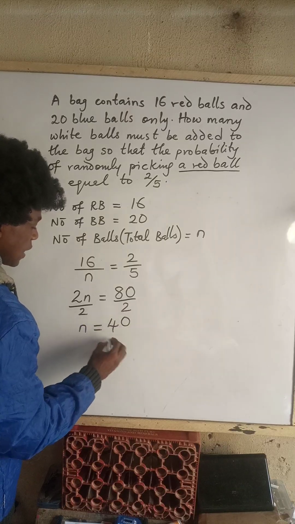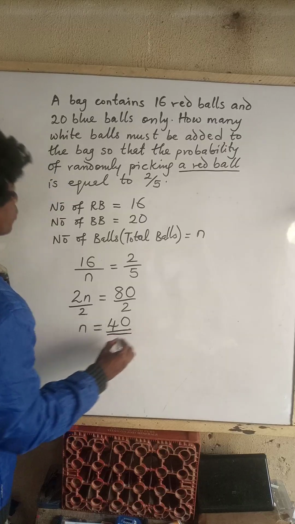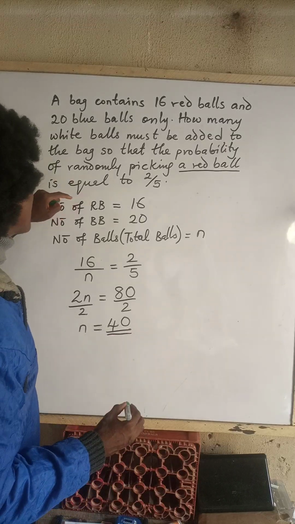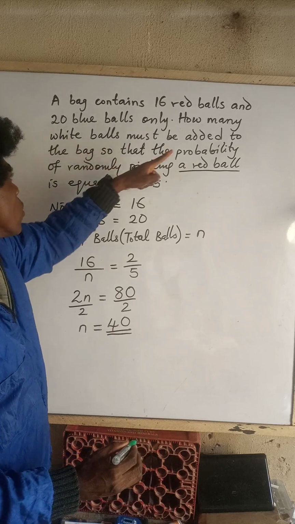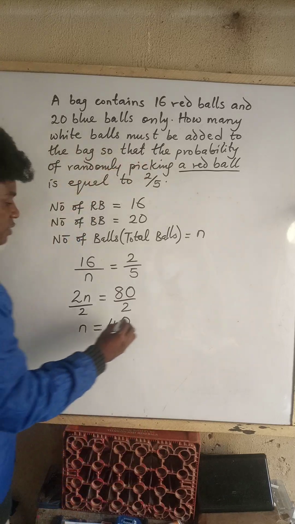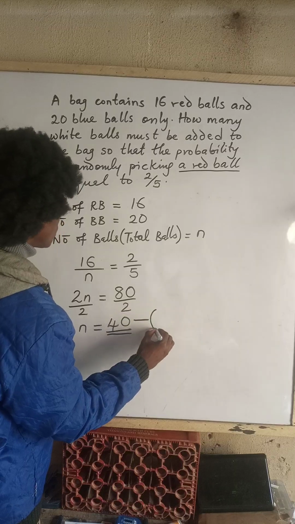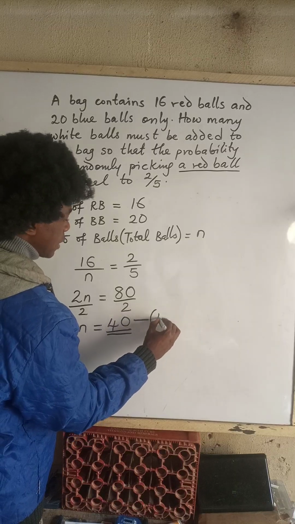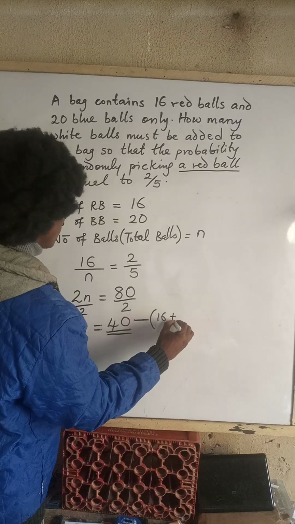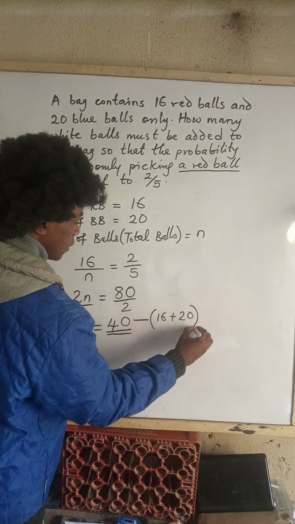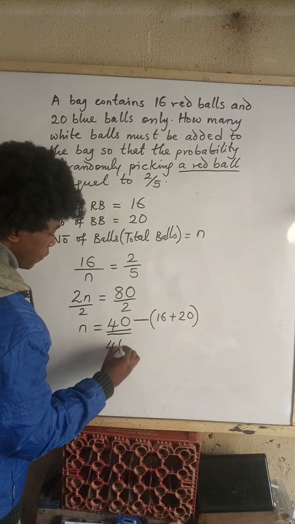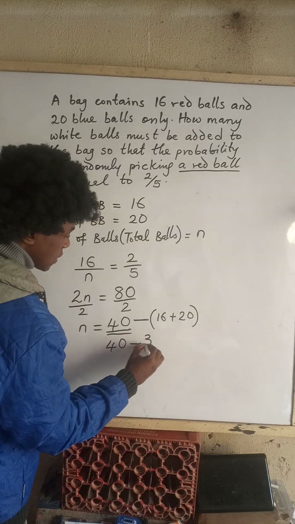Now, for us to obtain the number of white balls that must be added, what we are going to do is subtract the summation of the number of red balls and blue balls, which is 40 minus 36.